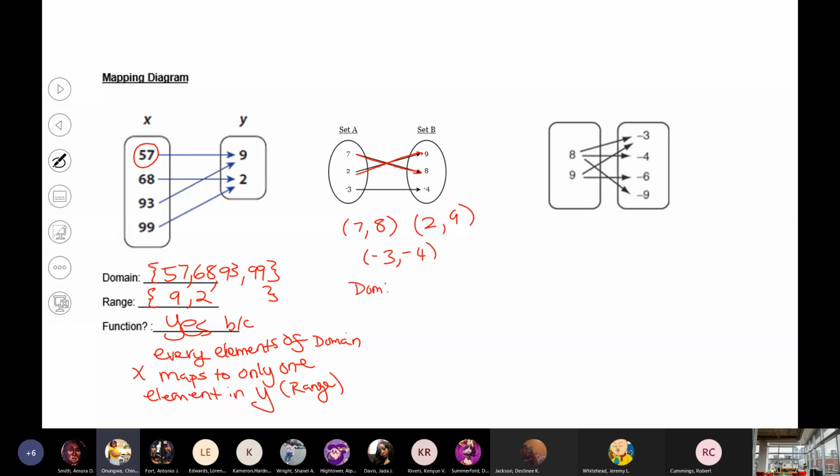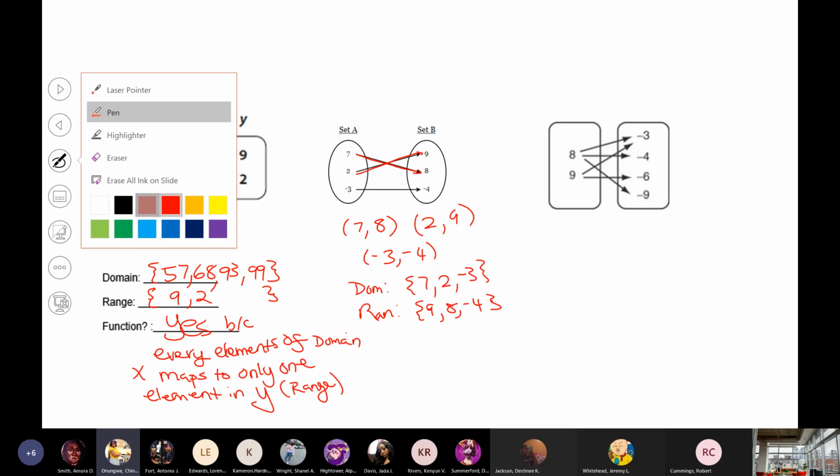So I'm just going to put domain is 7 to -3. My range is 9, 8, -4. So somebody in tutoring, or one of my other classes, said basically your set A or your X, your domain can't cheat. So basically, if it's two timing, it's not a function.